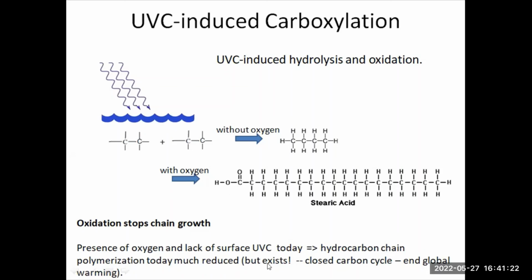But as I mentioned, it does exist. So we do have some production even today, and even with the light, which is not in the UVC range, but at about 300 nanometers, we can produce these hydrocarbon chains. And as I mentioned, the idea is to try to provide a closed carbon cycle and to end global warming with this process.